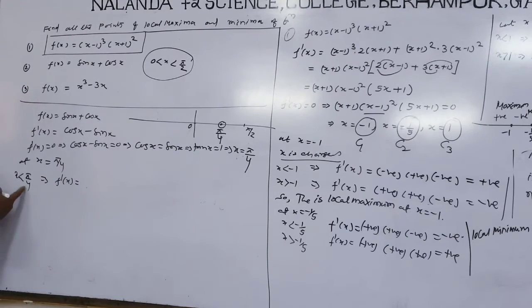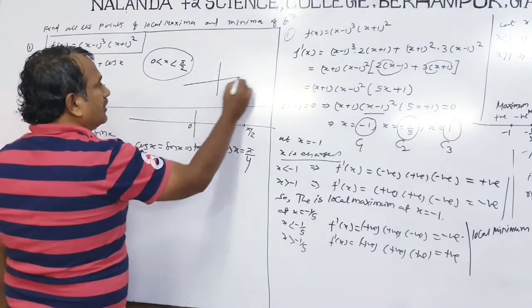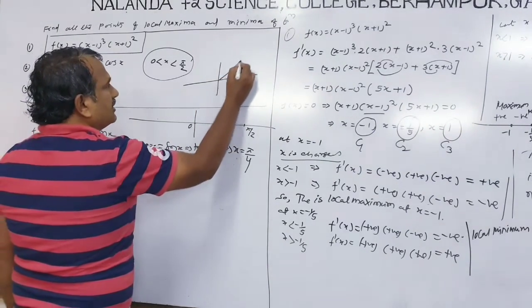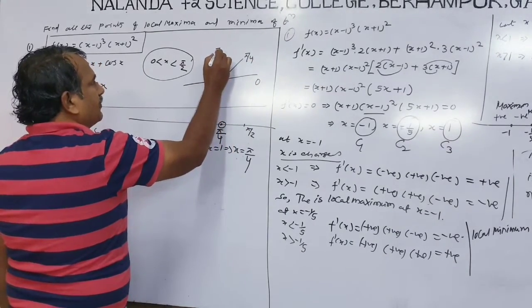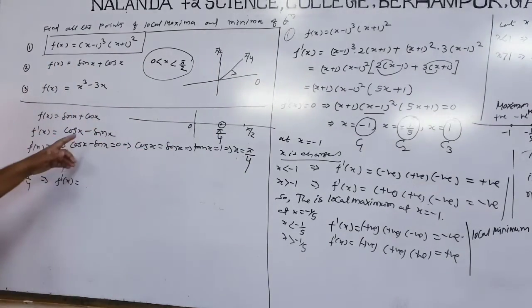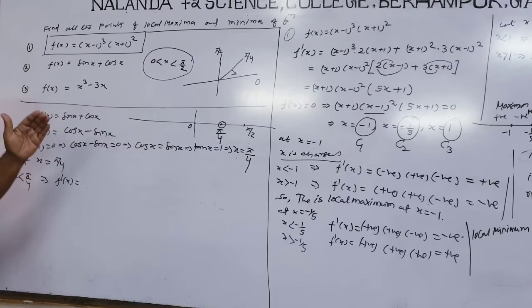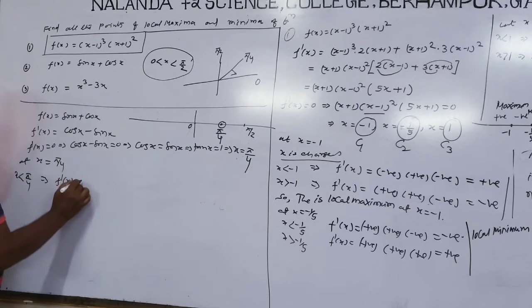Suppose this is 45 degree, this is pi by 4, this is 0 and this is 90. Between 0 and pi by 4, if x is equal to pi by 4, cos 45 equals sin 45, but less than pi by 4, cos x is greater than sin x. Which is bigger, cos x or sin x? Cos x.